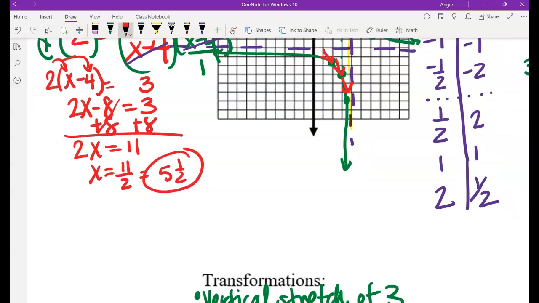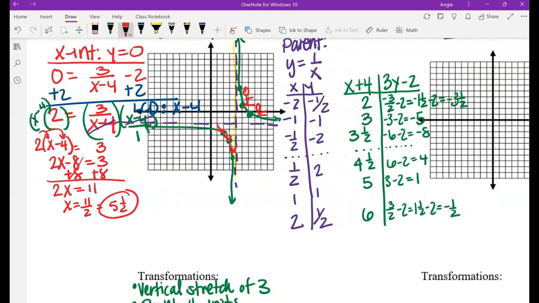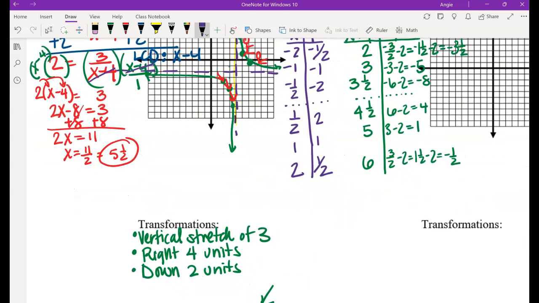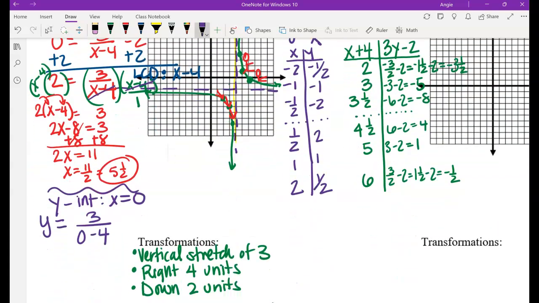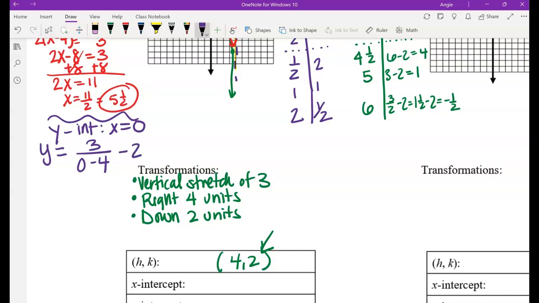We're going to write that in as an ordered pair after. We might as well solve for the y-intercept. So y-intercept is when x equals 0. Okay, so let's go y equals 3 over 0 minus 4. And then the k value is negative 2, minus 2. So y equals negative 3 over 4 minus 2. Y equals negative 2 and 3 over 4.